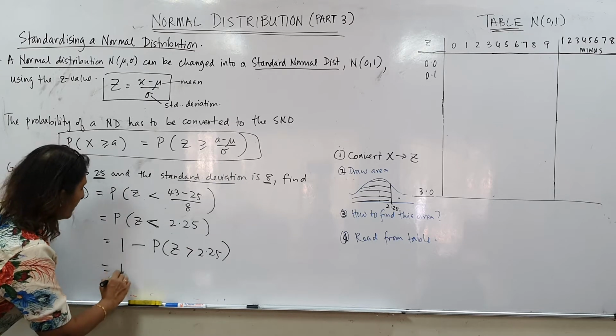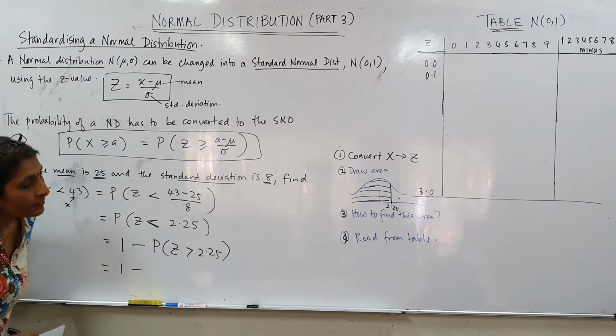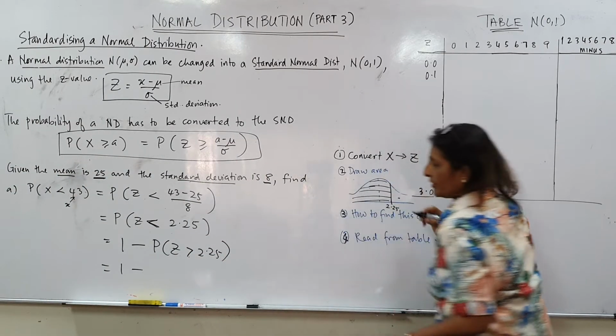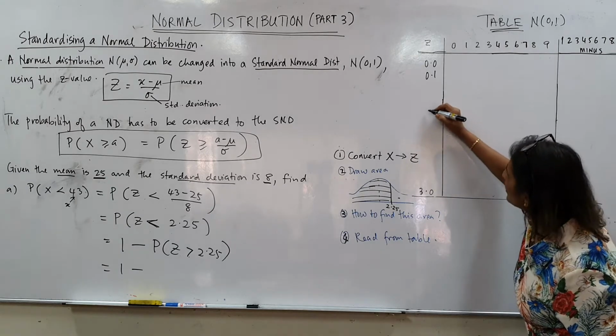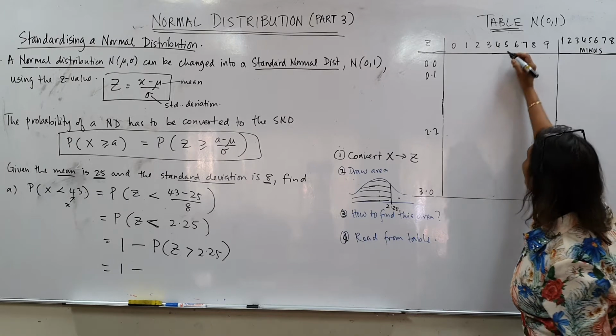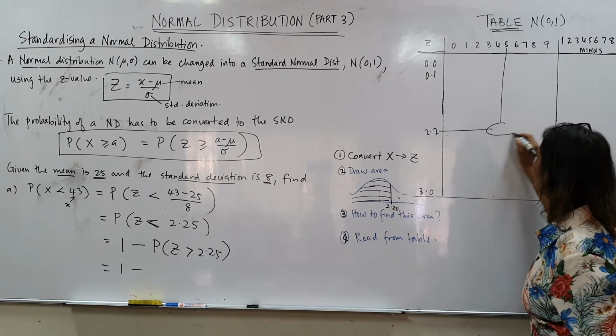Finally we do our table. Step 4. Now you read from the table 2.25. You go down here and search for 2.2, and then the 5 is here. You come down this row and read this answer.